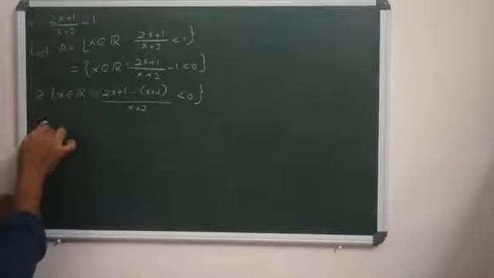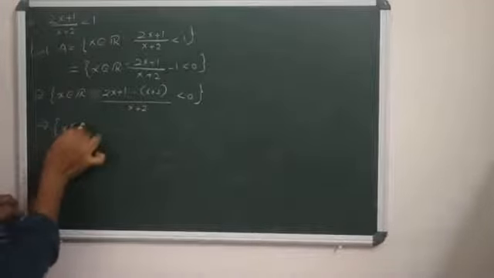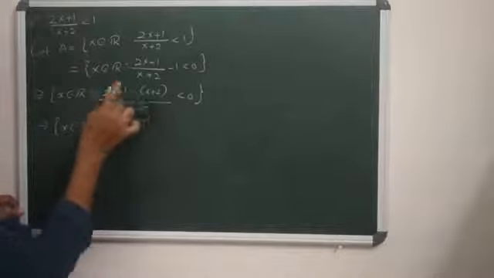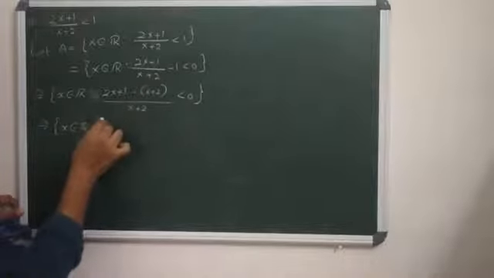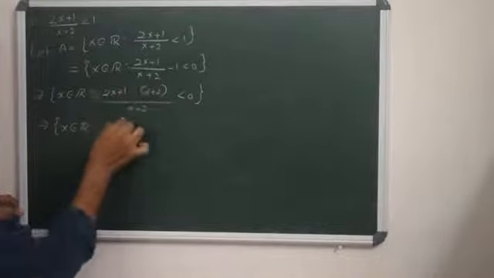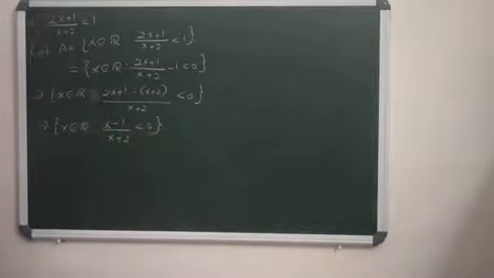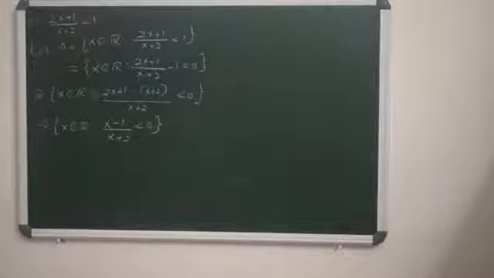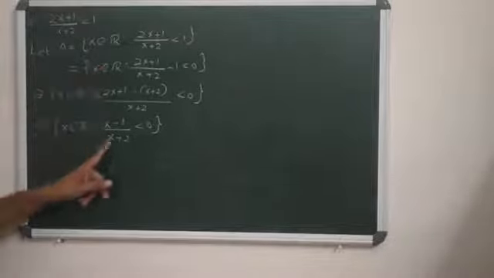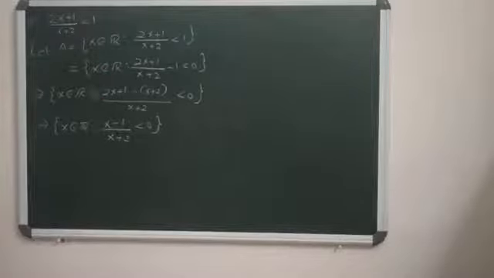So that means 2x plus 1 minus x plus 2, 2x minus x. So it is x minus 1 by x plus 2 is negative. The set of all x in R such that x minus 1 by x plus 2 is negative.